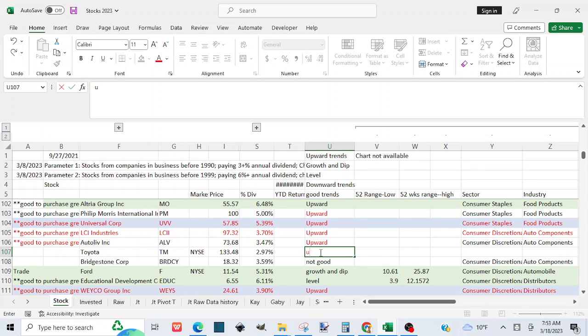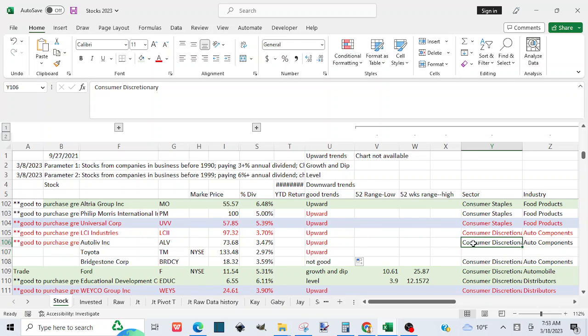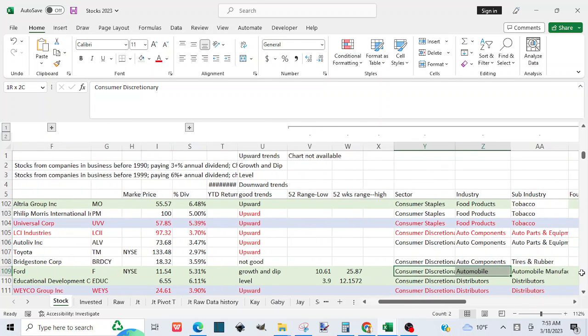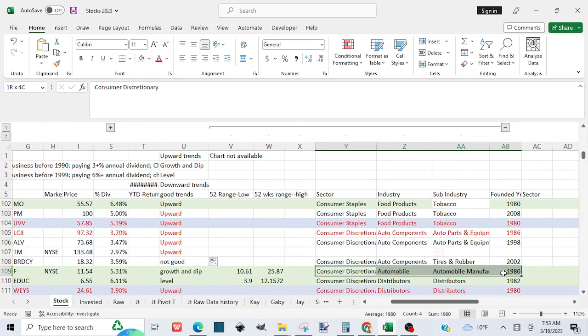I will say upward. And it is in the same one as Ford. Yeah, and they are both 1980. So why not just copy and paste it there?